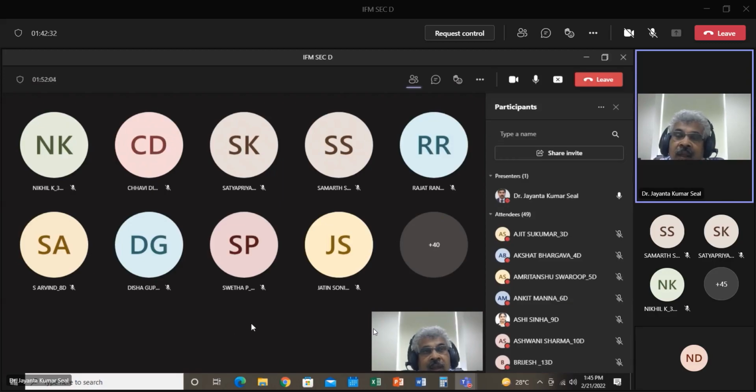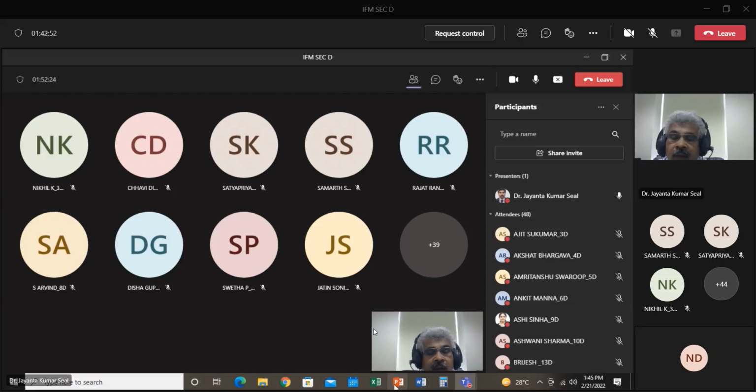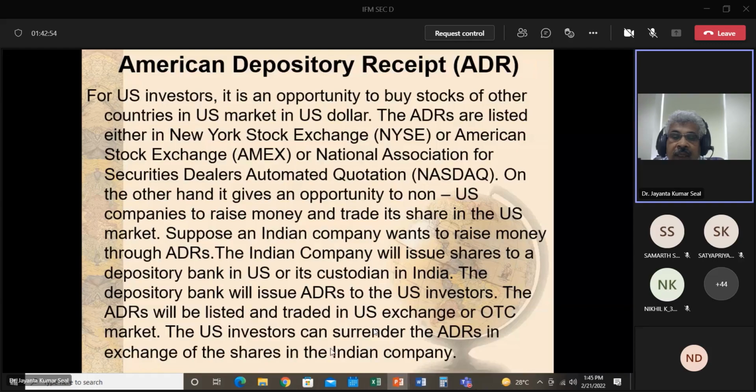For example, each share of Infosys is converted into 2 ADRs. So that is the depository mechanism.